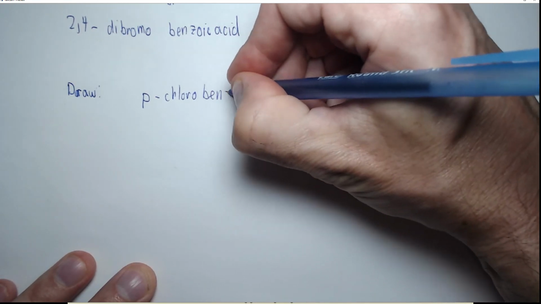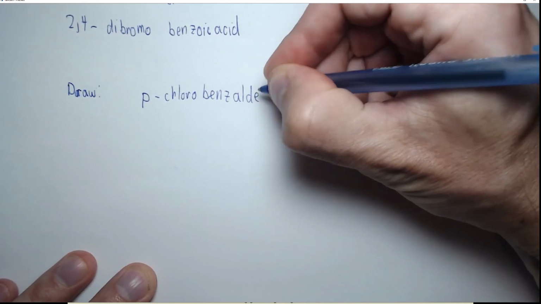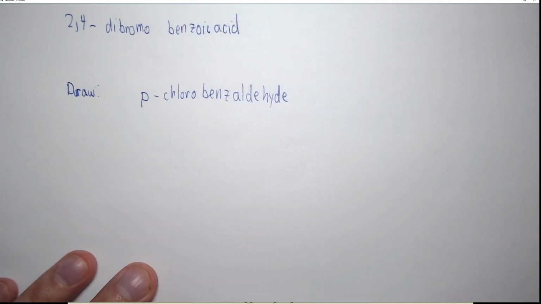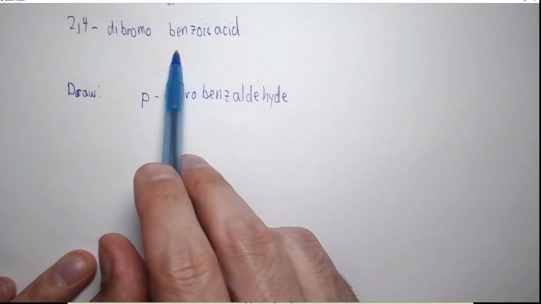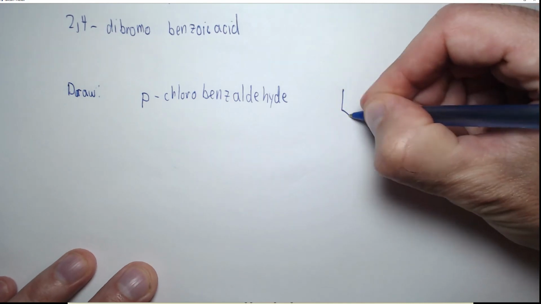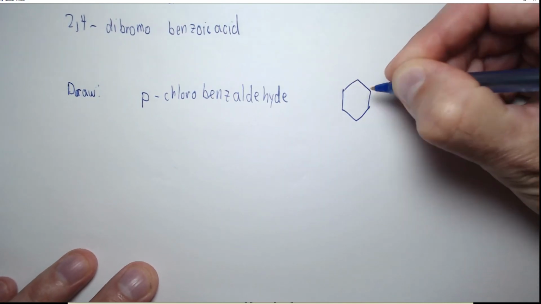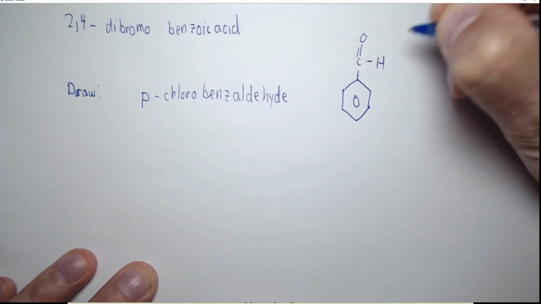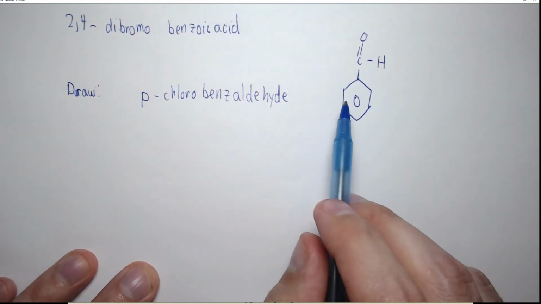benzaldehyde. All right, so we want to draw p-chlorobenzaldehyde. The first thing we want to do is draw benzaldehyde. Benzaldehyde is a nice descriptive one like benzoic acid. Benzaldehyde means aldehyde attached to a benzene. So aldehyde is C double bond O bond H. It's got an H on one side, a carbon on the other.